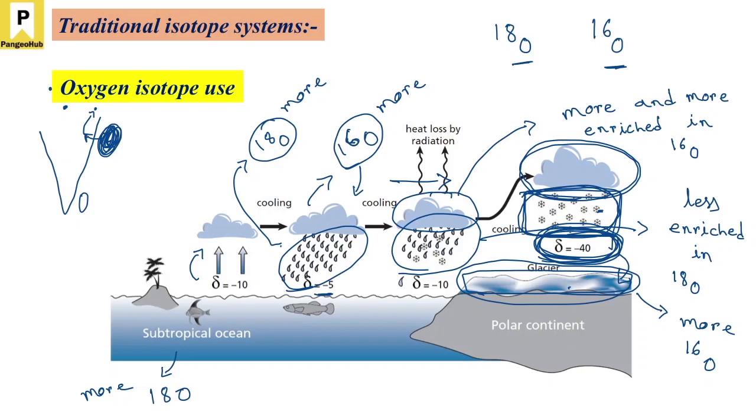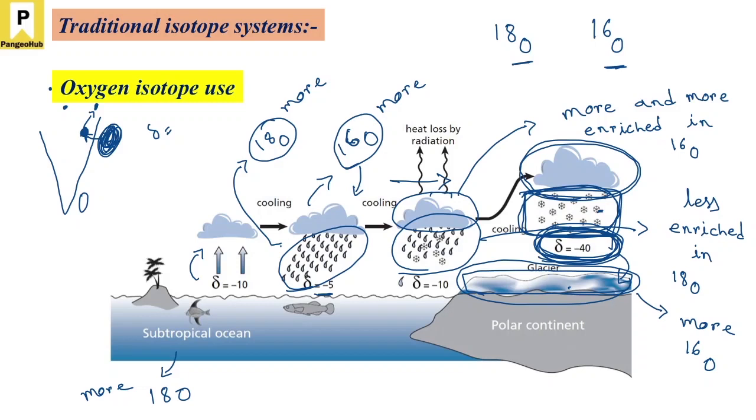So tell me, will this isotopic value in Puri be more or less than Kolkata? In Puri, it will be somewhat closer to zero, because here the first rain will occur. So the value will be somewhat closer to zero, not much negative.